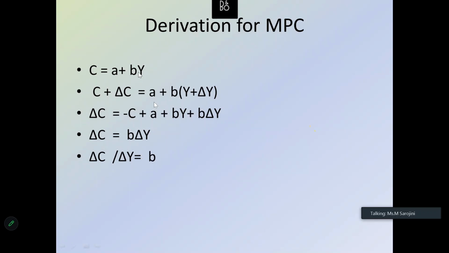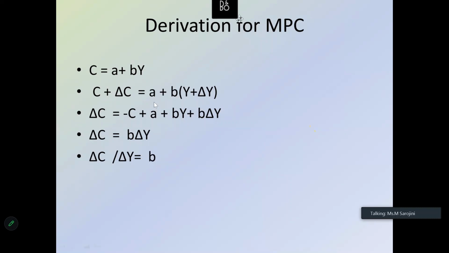C is equal to A plus BY. Once there are changes in the income, that causes changes in the consumption as well. Therefore, to derive the MPC, we have to rearrange this equation, taking the C to the other side.